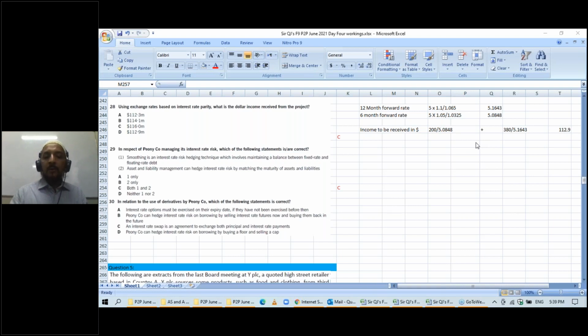How did I take 1.1 and 1.05? Actually, the foreign currency is peso, right? So the interest rate of the foreign currency was 10%, right? So in the interest rate parity theorem, we multiplied the spot rate by 1 plus the interest rate of the foreign currency. So it was 1.1, 1 plus the rate of the foreign currency, which was 10%. It was divided by 100 to get 0.1.